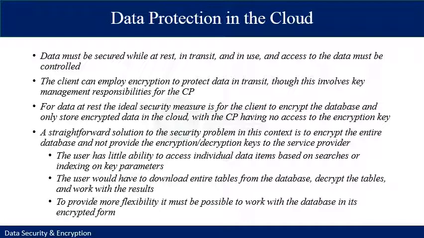The client can enforce access control techniques, but again the cloud provider is involved to some extent depending on the service model used. For data at rest, the ideal security measure for the client is to encrypt the data and only store encrypted data in the cloud, with the cloud provider having no access to the encryption key. So long as the key remains secure, the cloud provider has no ability to read the data, although corruption and other denial of service attacks remain a risk.